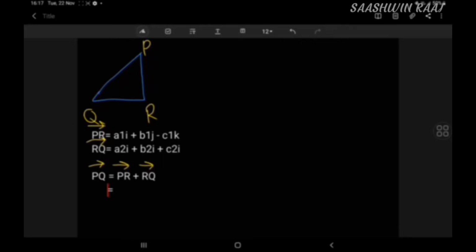It equals open bracket A1i plus B1j minus C1k, close bracket, and addition, open bracket A2i plus B2j plus C2k, close bracket.